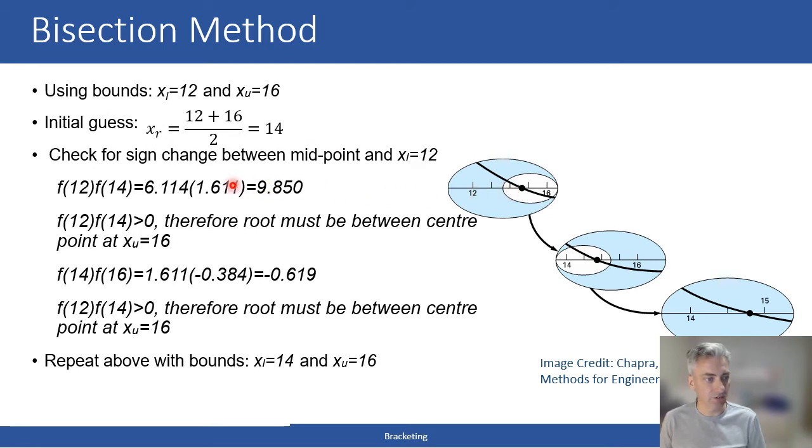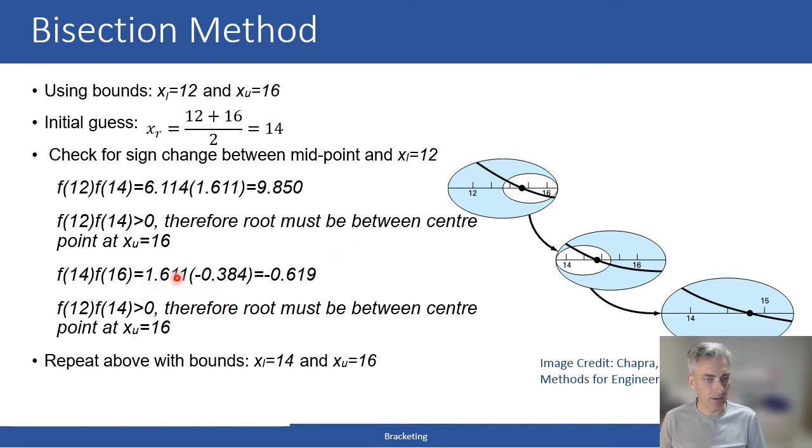And then I can test whether f of 12 times f of 14 leads to a negative number. It doesn't. So I conclude that there must not be a root between 12 and 14. So then I check between 14 and 16, so these 2 points.